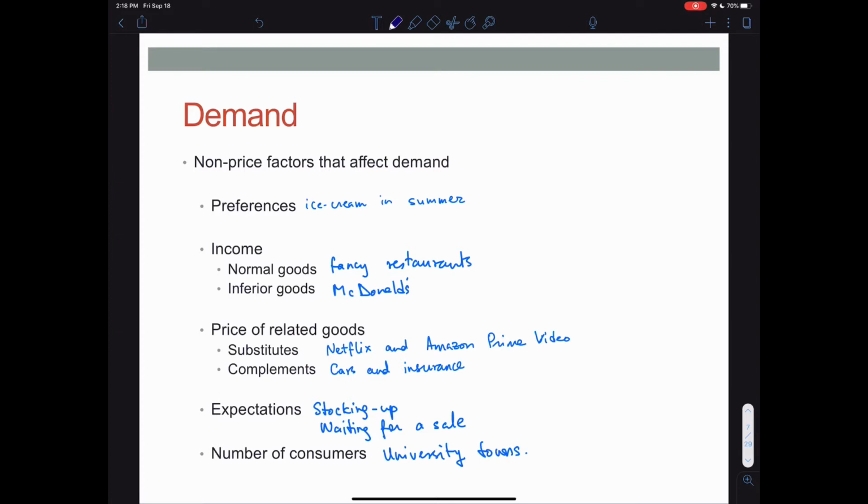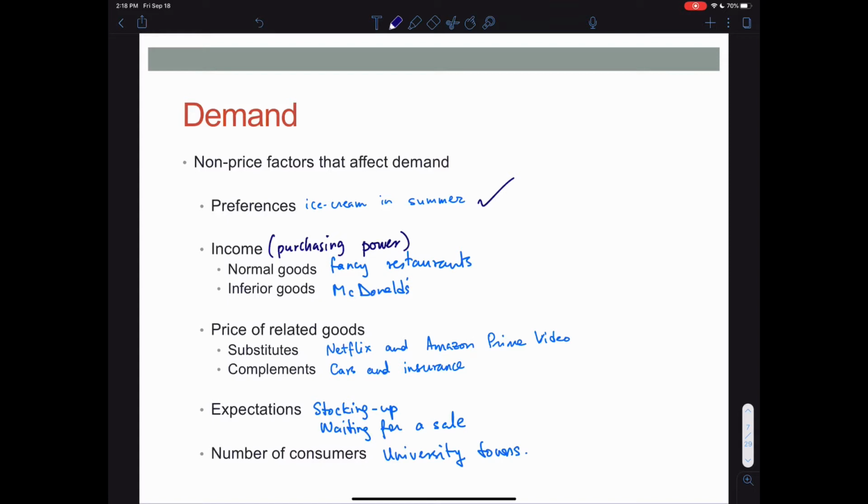So if, for example, we like ice cream in the summer more than we like in the cold weather. Another really important reason that our demand could change over time is income. And here I want to highlight that when we say income, we mean purchasing power of our income. So this is after adjusting for general increases in price.